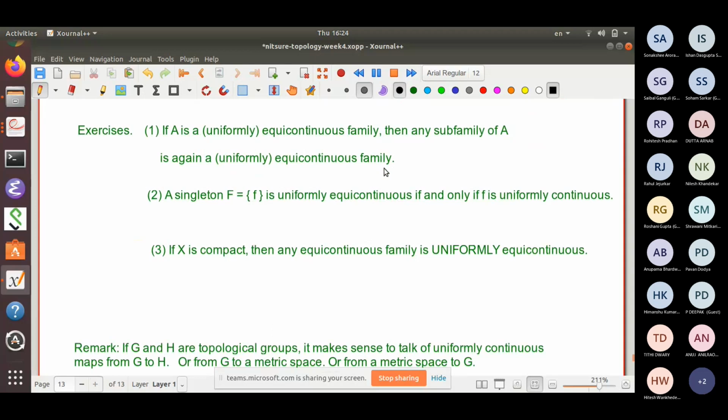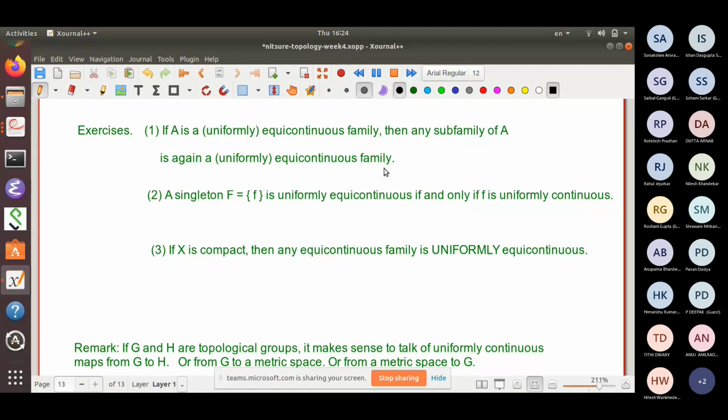It's like saying that if I have a continuous function on a metric space, its restriction to a subspace is again continuous. If I have a uniformly continuous function on a metric space, its restriction to a subspace is again uniformly continuous. So same thing being done now in the function direction also. Equicontinuous, uniformly equicontinuous in both directions.